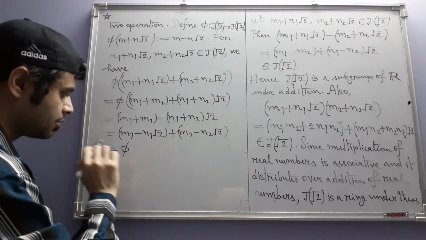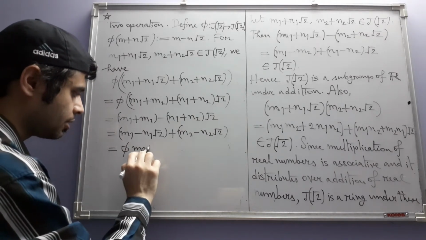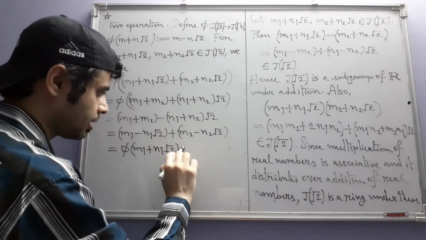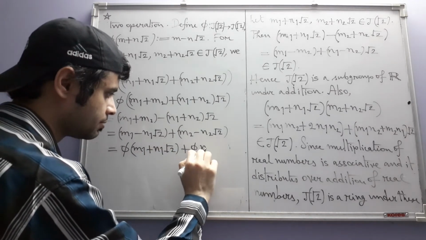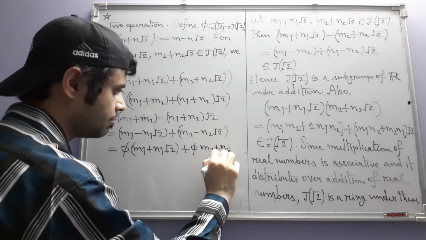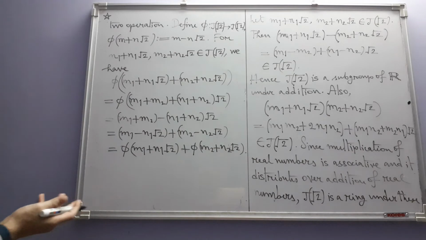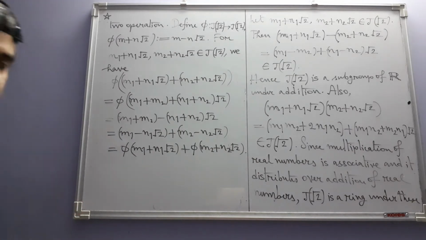And this is nothing but phi of (m1 plus n1 root 2), and this one is phi of (m2 plus n2 root 2). So this tells us that phi respects addition.